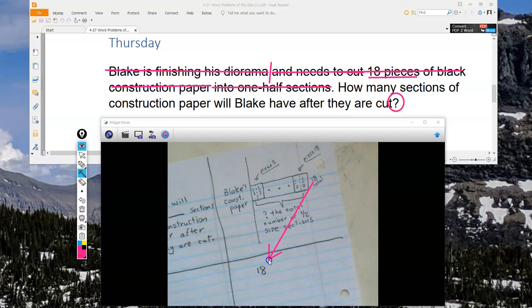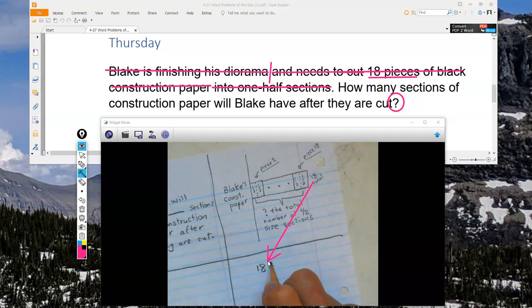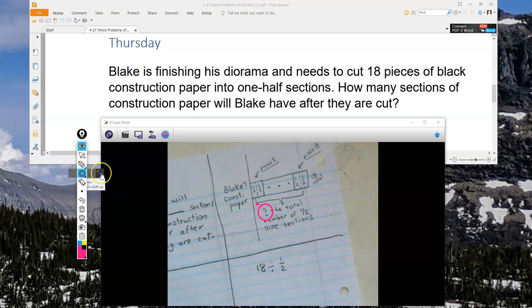I'm going to cut them into 1/2 size pieces, so I'm going to take 18 and divide it by 1/2. The reason I'm doing that is I want to know how many total 1/2 size sections. I'll circle that question mark so you see where I'm going, because that's what I want to find out. After I take 18 pieces of construction paper and divide them into 1/2 sections, how many 1/2 sections will I get?